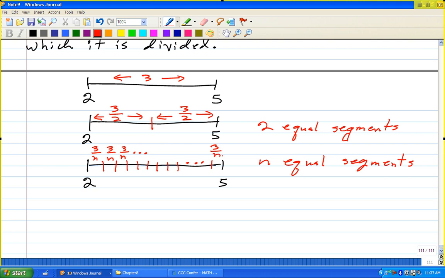Because if you add up all n of them, then 3 over n plus 3 over n plus 3 over n, dot dot dot, plus 3 over n, if you add up n of them, then you just have a total length of 3, just like what we had up here. And so that says that the length is just going to equal 3 over n.